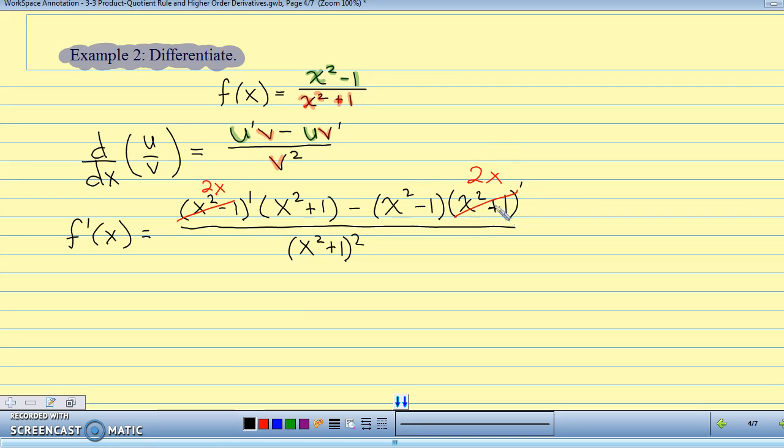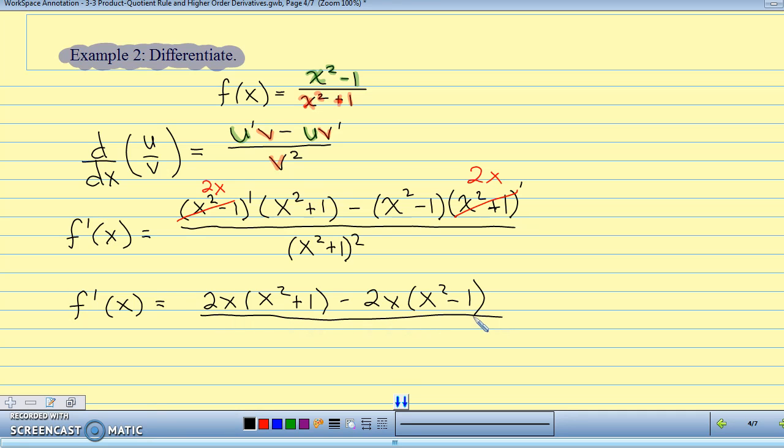The derivative of x squared plus 1 is also 2x. So f prime of x is equal to 2x times x squared plus 1 minus 2x times x squared minus 1, all of it over x squared plus 1 squared.